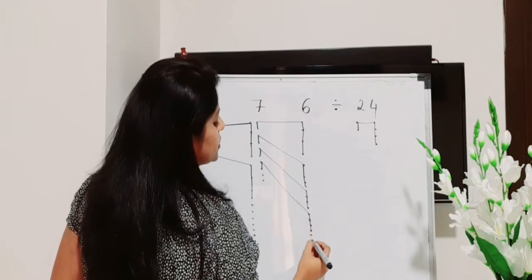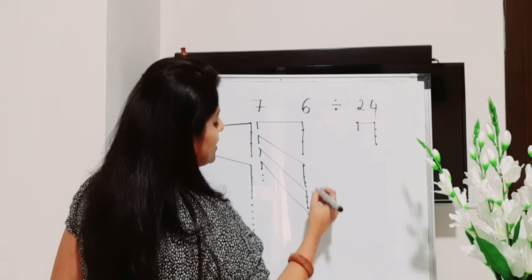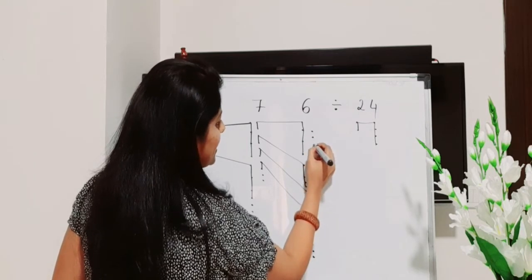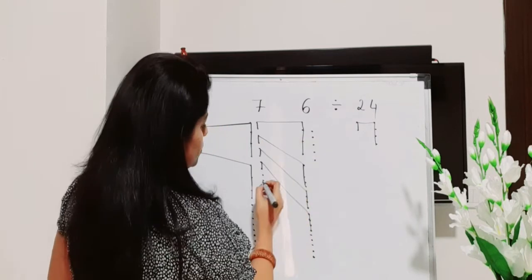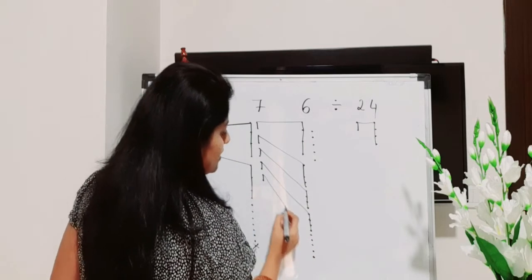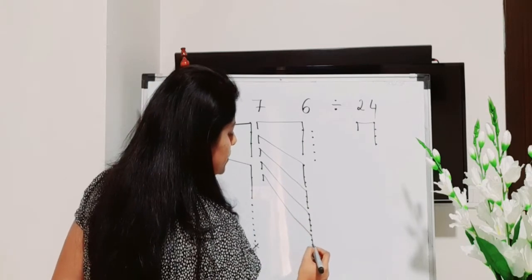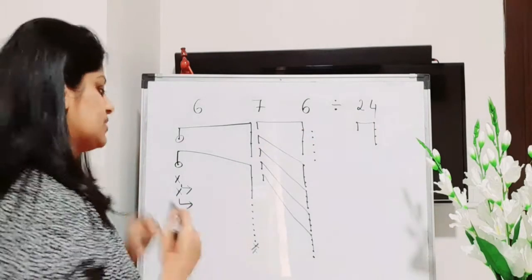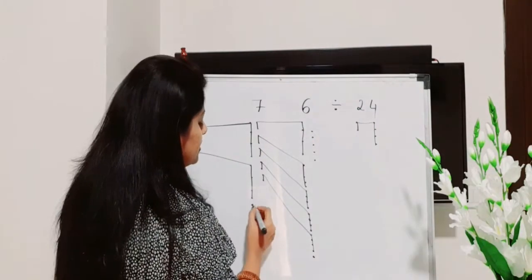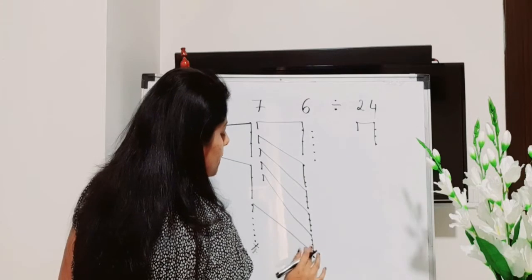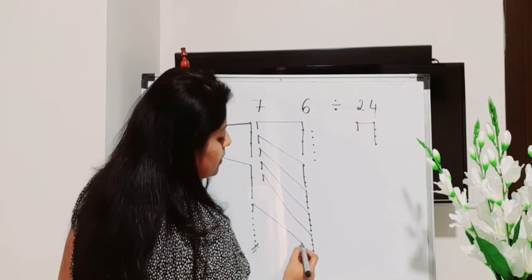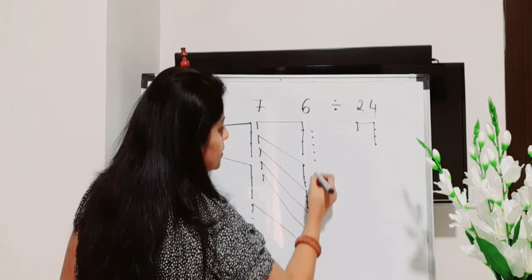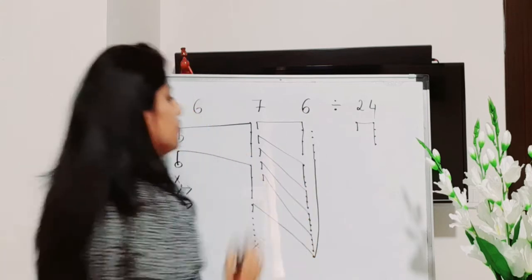So 1, 2, 3, 4, 5, 6, 7, 8, 9 and 10. So 2 dots from here and 1, 2, 3, 4 dots over here. Again 2 dots here and 4 dots here. Yes, we have. So therefore 2 dots here and 1, 2, 3 and 4 dots here.